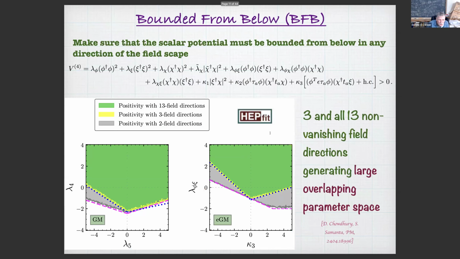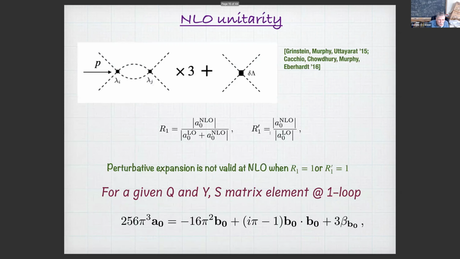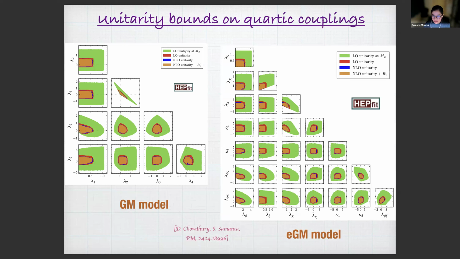So when you calculate the unitarity constraints on these parameters, the bounded from below constraints with 3 non-vanishing field directions are already imposed. So imposing bounded from below constraints and unitarity constraints, this is the allowed parameter space we are left with. This is regarding your question, why we have the negative region.